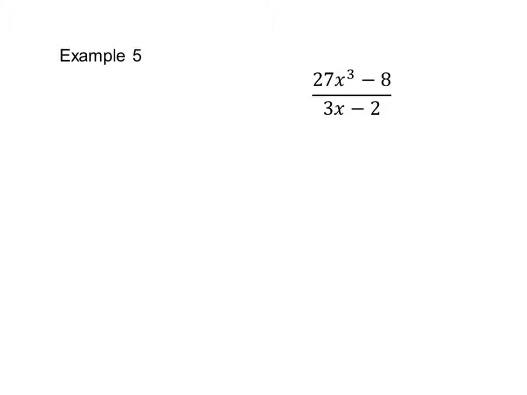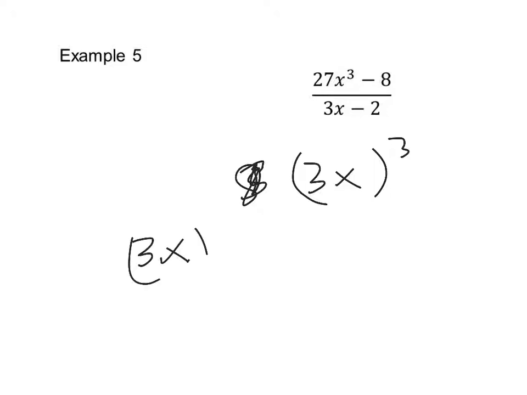If you do the math, 3x to the power of 3, what you're doing is 3x times another 3x times another 3x, which is like doing 3 times 3 is 9, times another 3 is 27. And then you have x times x times x, that is x cubed. So really, if you do 3x to the power of 3, you will get that.